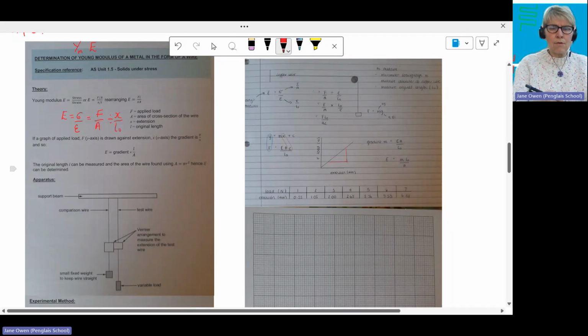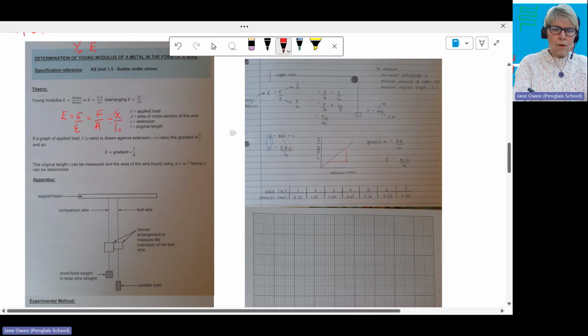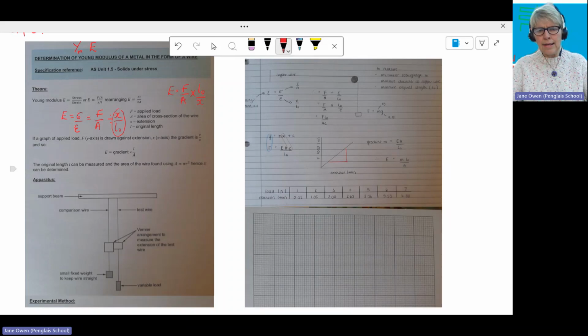Because you are dividing a fraction by a fraction, the second part of that division we can turn into a times by flipping those two over. So we get E equals F divided by A times L naught divided by extension x or little e. And if you use little e, it'll spell FLAE, to remind you that that is the expression for the Young's modulus.